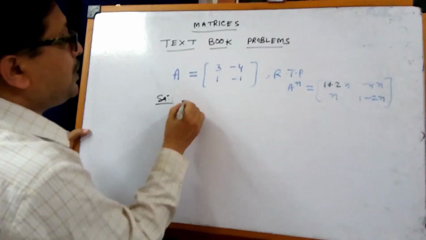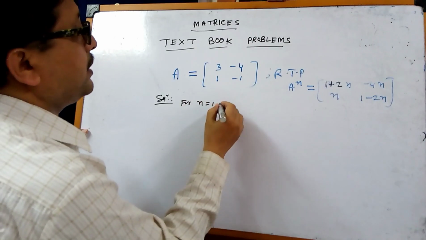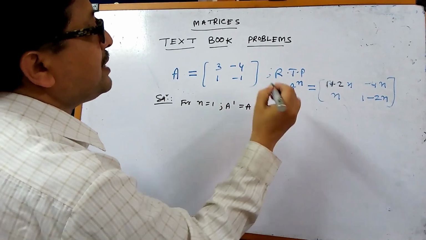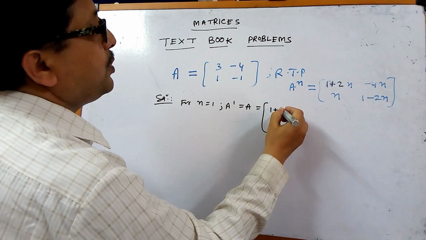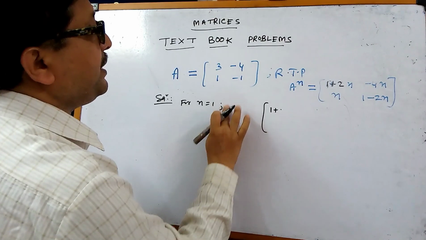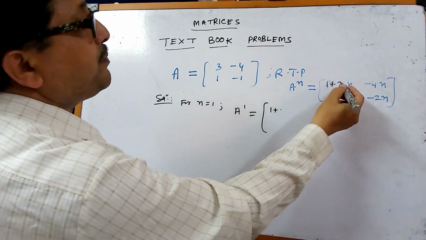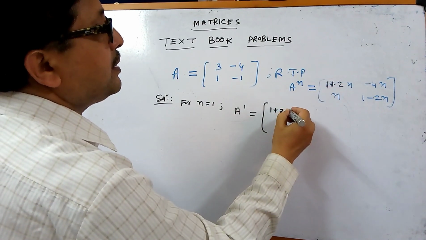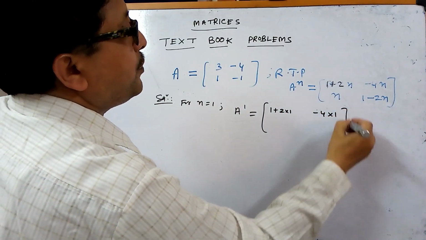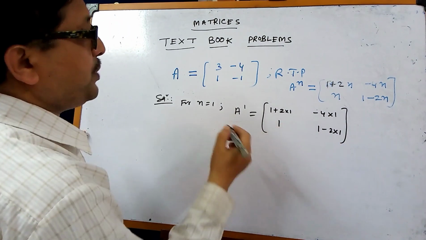For n equal to 1, you just write the value of A to the power 1 first, based on this. Put n equal to 1 over there: 1 plus 2 into 1, minus 4 into 1, 1, 1 minus 2 into 1.